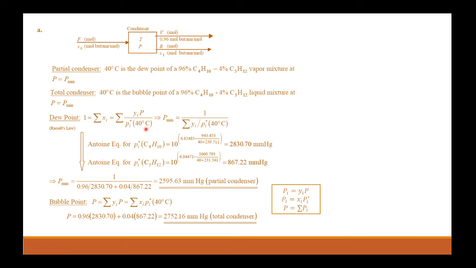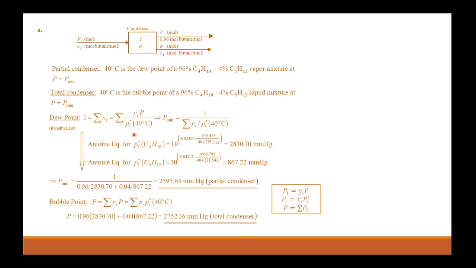Now, given Raoult's law, this is your Raoult's law equation. x is the mole fraction of the species in liquid phase, and y is the mole fraction of the species in vapor phase. P is the total pressure, and Pi star is the vapor pressure of your species at that specific dew point temperature.